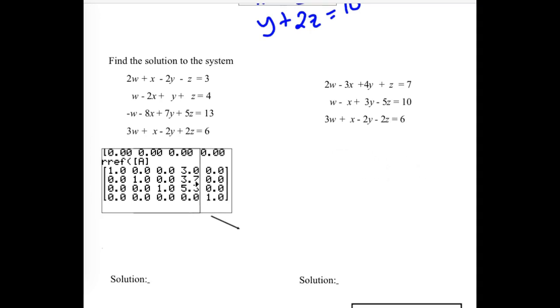All right. So what I would expect to see for your work on this, if this was a test question, you don't necessarily have to show me the matrix you're putting into your calculator. You need to show me the matrix you're getting out. However, if you tend to make mistakes, I would strongly encourage you to write down your first matrix.